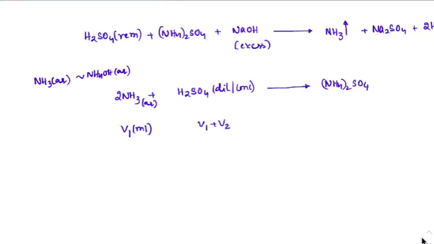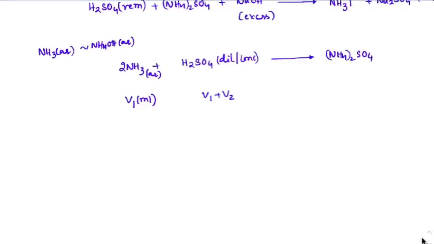Whatever leftover H2SO4 is present is treated with NaOH, and it will convert into Na2SO4 plus H2O. Got it? So if V2 volume is used here, which means V2 amount of NaOH will be utilized, considering it has the same concentration.